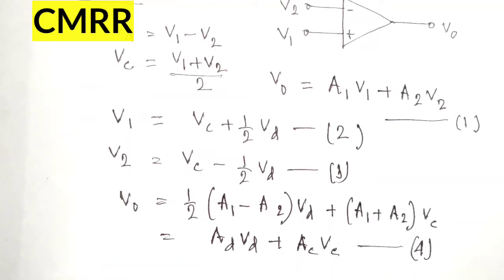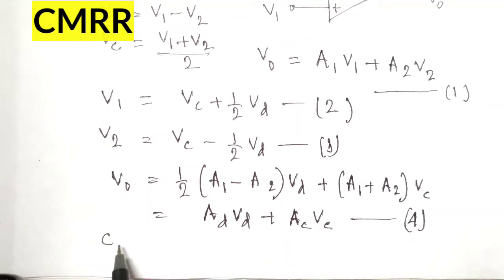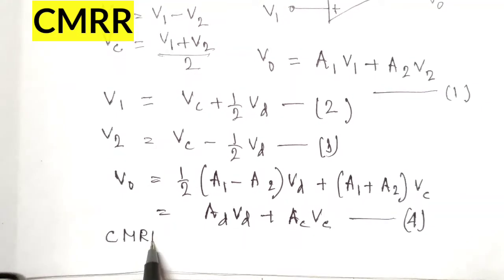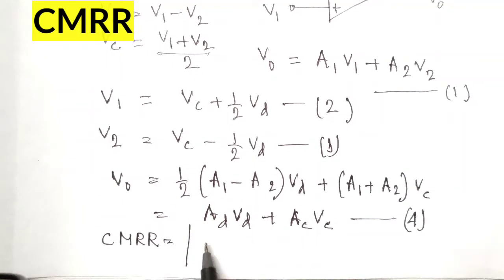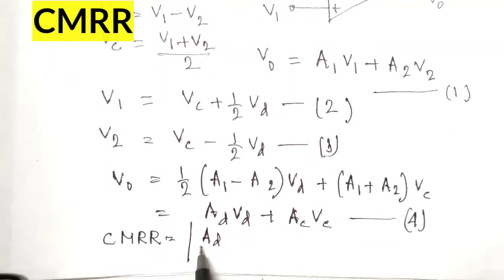In the ideal case, as you know, AD is infinitely large while AC is 0. In practice, the situation is not ideal, and that's why a figure of merit called the common mode rejection ratio, or in short CMRR, of the op-amp has to be introduced. CMRR equals mod of AD by AC.